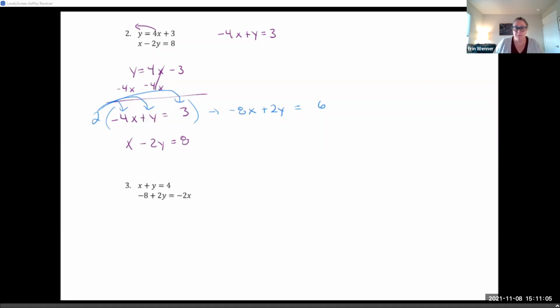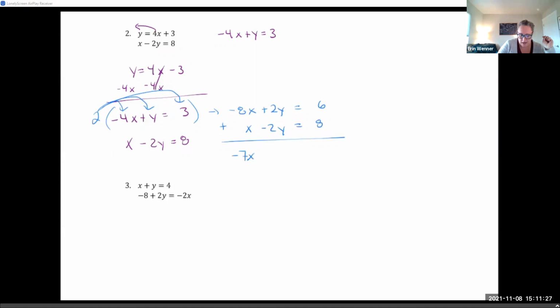Why did multiplying by 2 help us? Well, if we take that second equation and write it underneath, what happens to our y's? They're now opposites of each other, right? So if we add them together, negative 8x plus x gives us negative 7x.